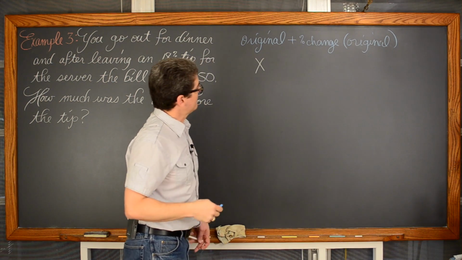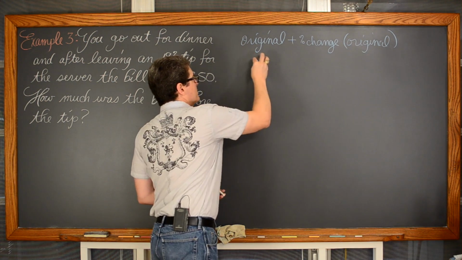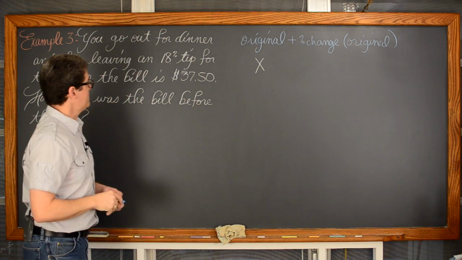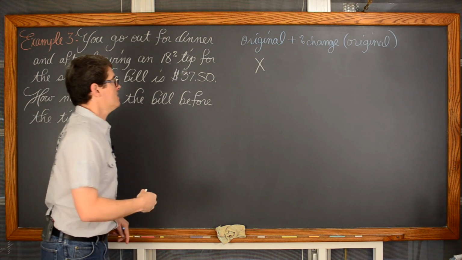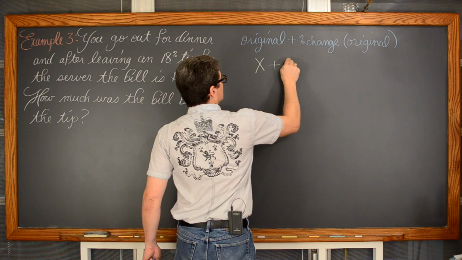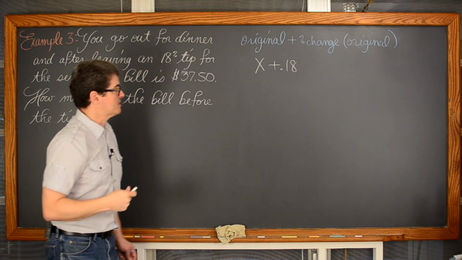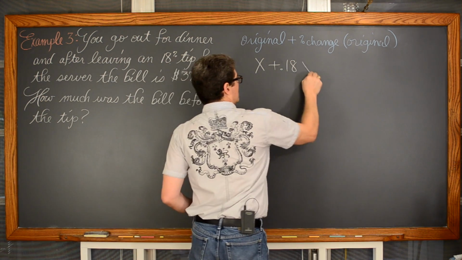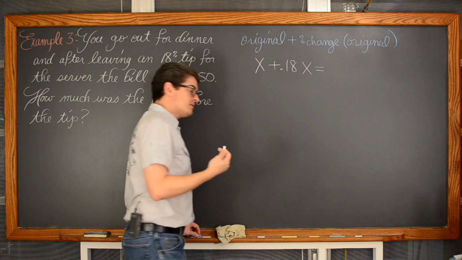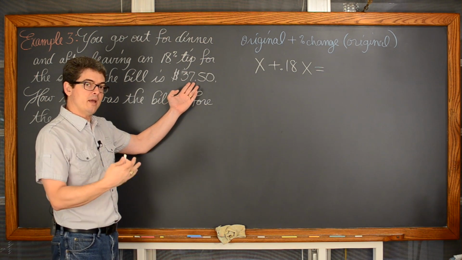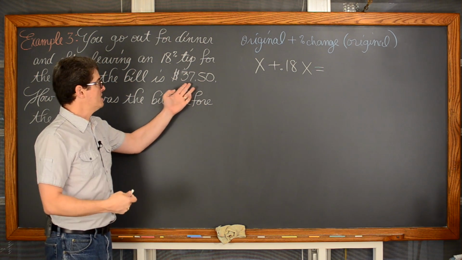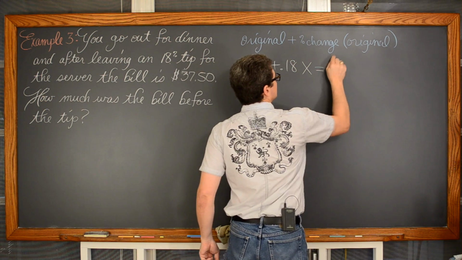Sorry for the sloppy handwriting. So my original bill, again, don't know what it is, but to calculate 18% of it and add that tip, I would be doing 0.18, that 18% as a decimal, times that unknown value, and getting the final value, the new value, the total price that you paid for your dinner, including tip, of $37.50.